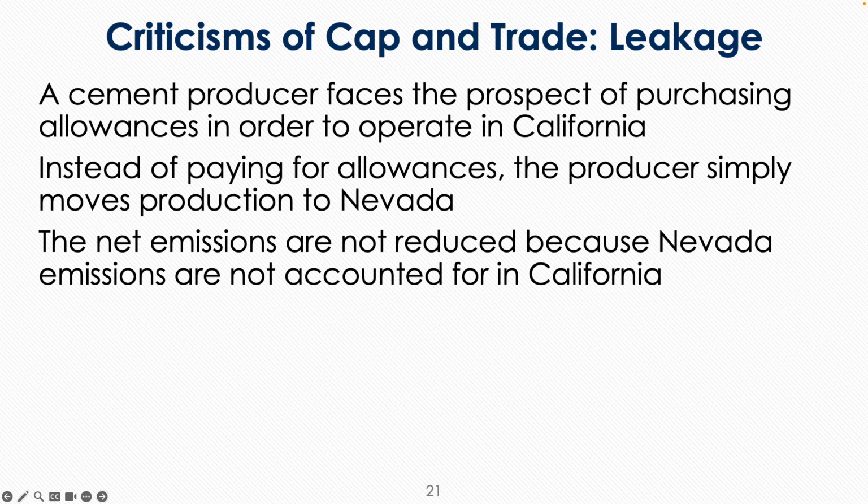And in some cases, it could actually make it worse. Like if you're doing electricity production, we'll look at an example of that in a second. Maybe it's harder or less clean to do it in Nevada after leakage, and so you actually might make emissions go up as a result of this cap and trade effect.